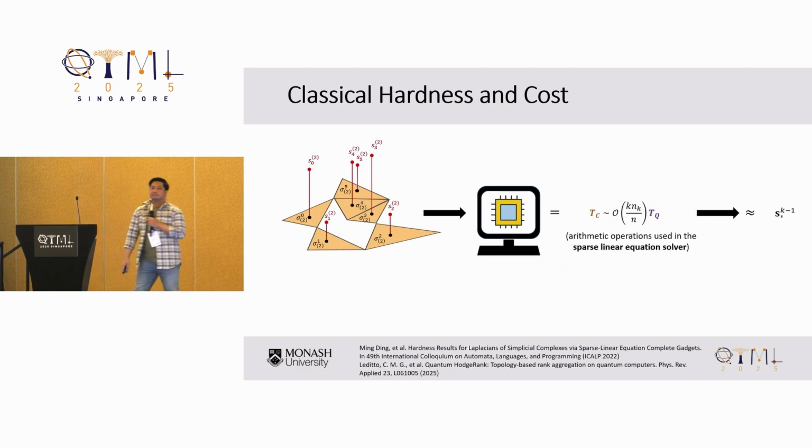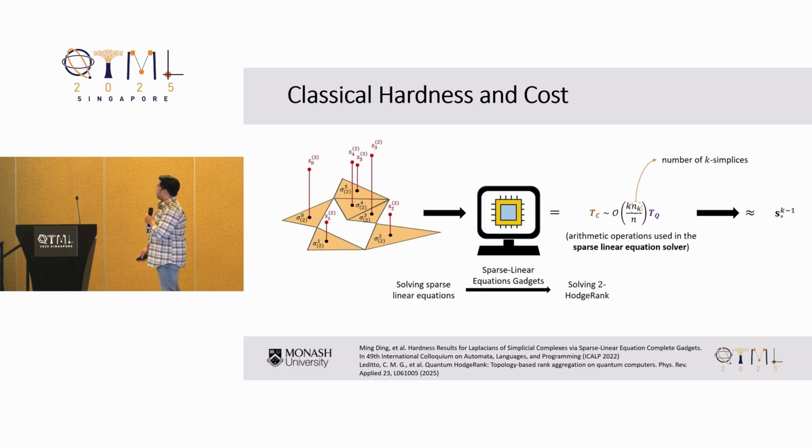Classically, implementing this projection, we can measure in terms of arithmetic operations in the sparse linear solver, and this scales linearly in the number of K simplices, which is much, much higher compared to the number of vertices.